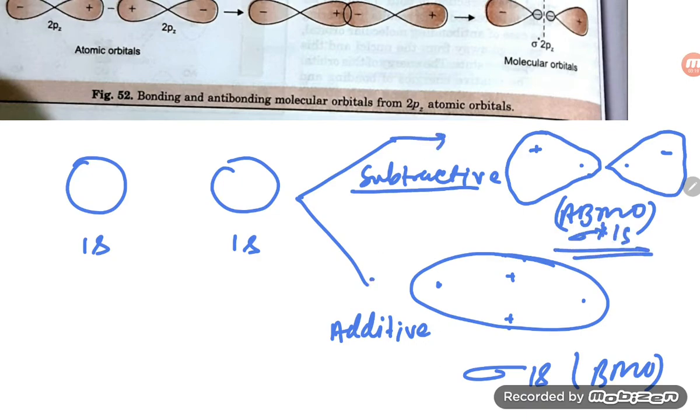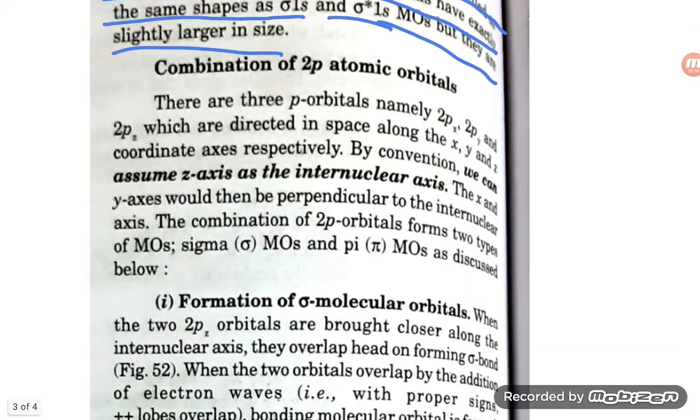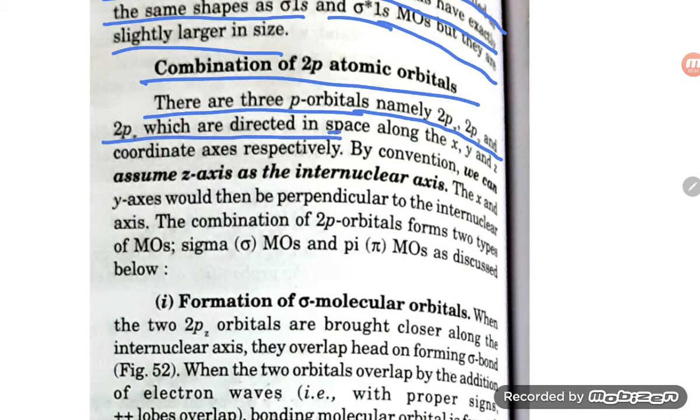Similarly, the 2s and 2s will be similar orbitals, students. Now we are going to study the combination of 2p atomic orbitals. There are three p orbitals, namely 2px, 2py and 2pz, which are directed in space along the x, y and z coordinates respectively.